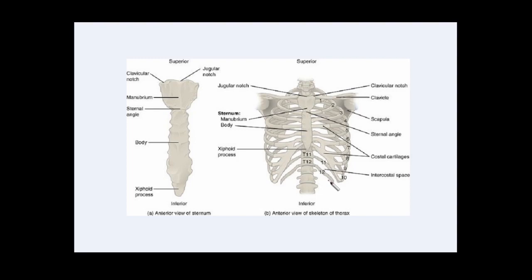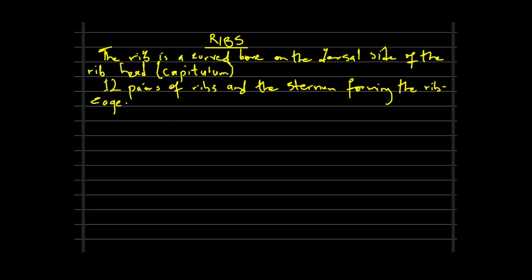That is why we refer to the last two, T11 and T12, as floating ribs. So what I'm saying in essence is that all of the thoracic ribs come from the thoracic region on the vertebral column, and then they articulate with the sternum. Particularly the first 10 articulate with the sternum, while the last two are floating.